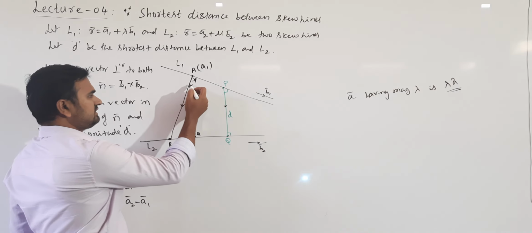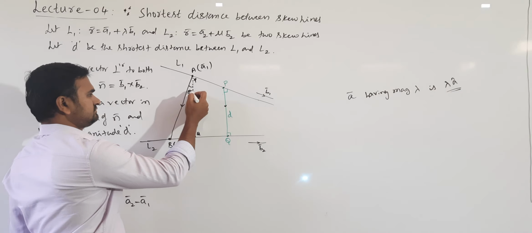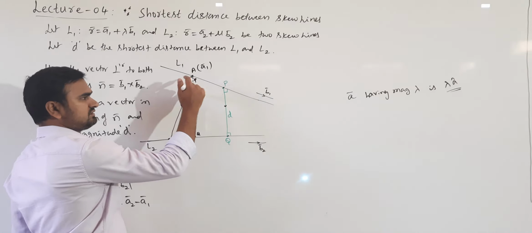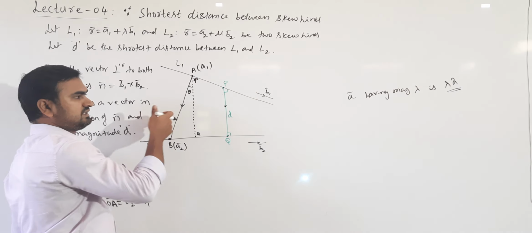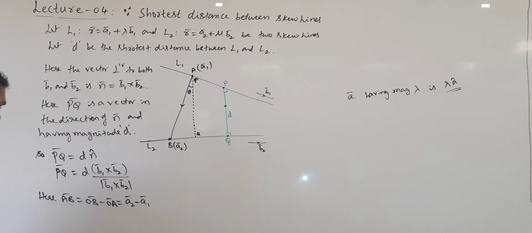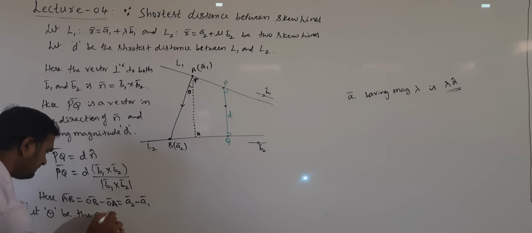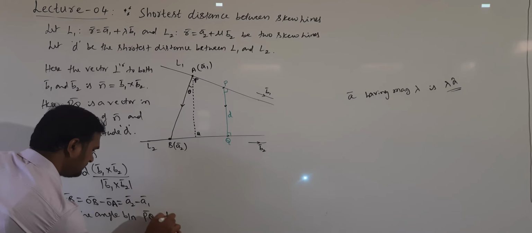I am taking the angle between these two as theta. So let theta be the angle between PQ bar and AB bar.